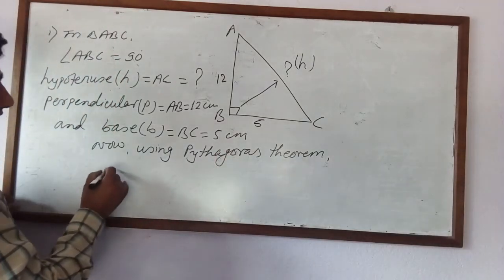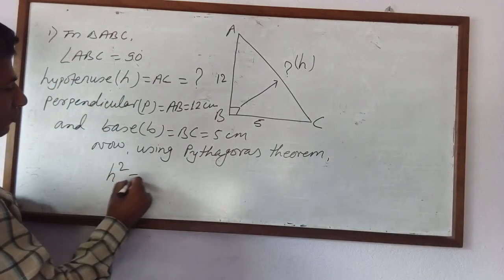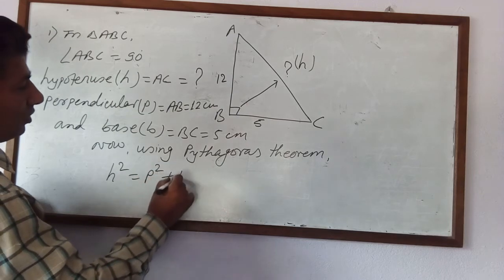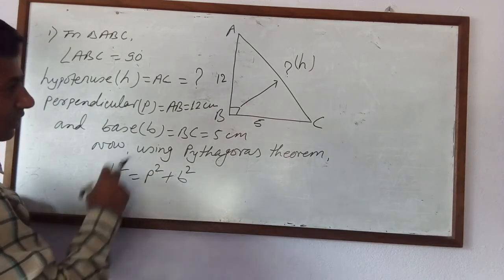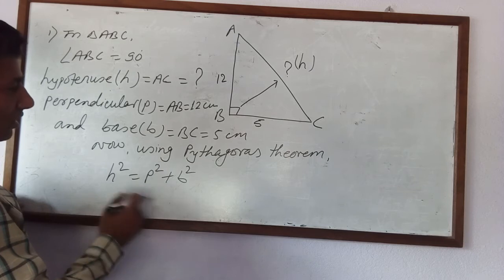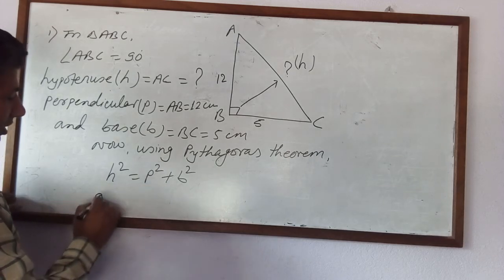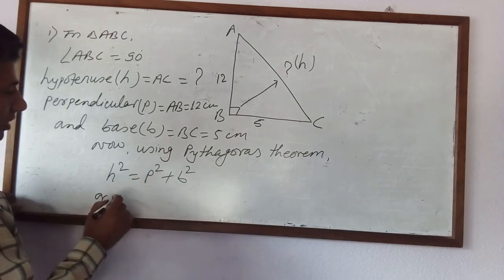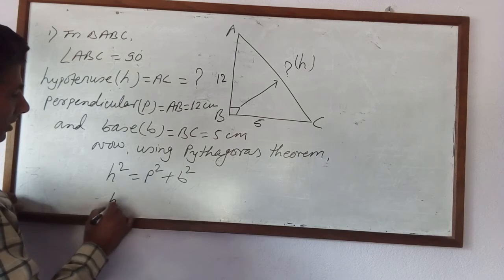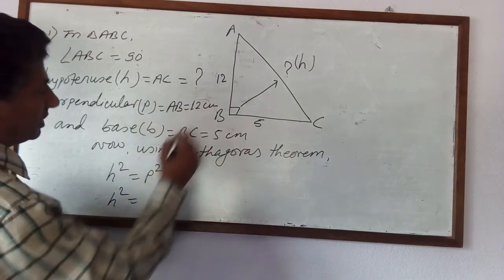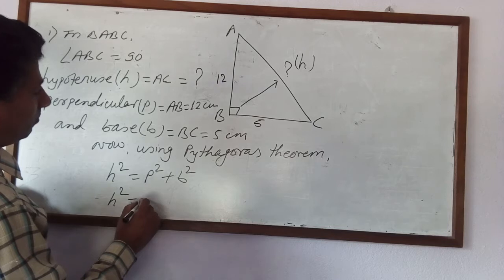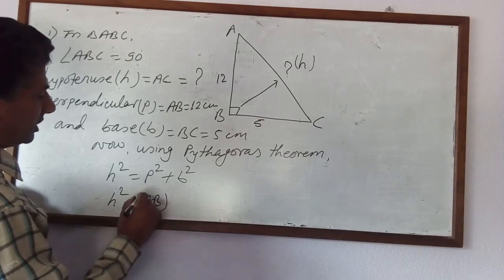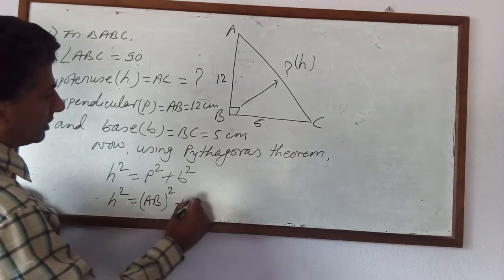Now h square equals p square plus b square. Or you can write h equals whatever you want. Okay, h square equals p square, where P means side AB, and b means side BC.